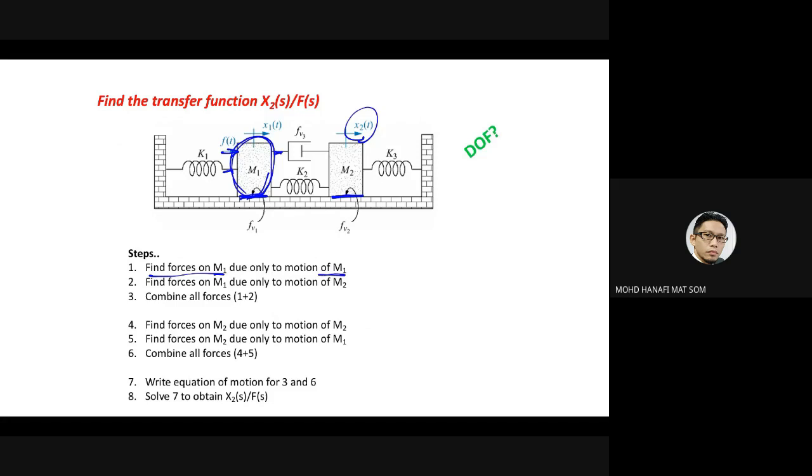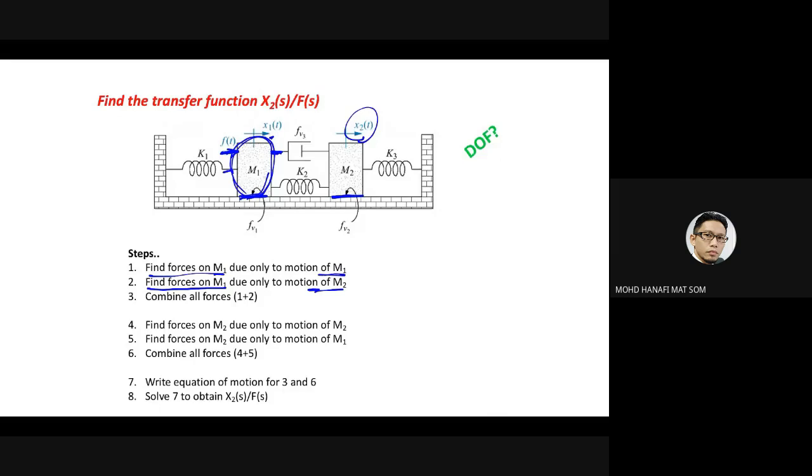Next, number 2 is we find the forces on M1 due to motion of M2. When we put force on M1, it will generate movement in the x1 direction.